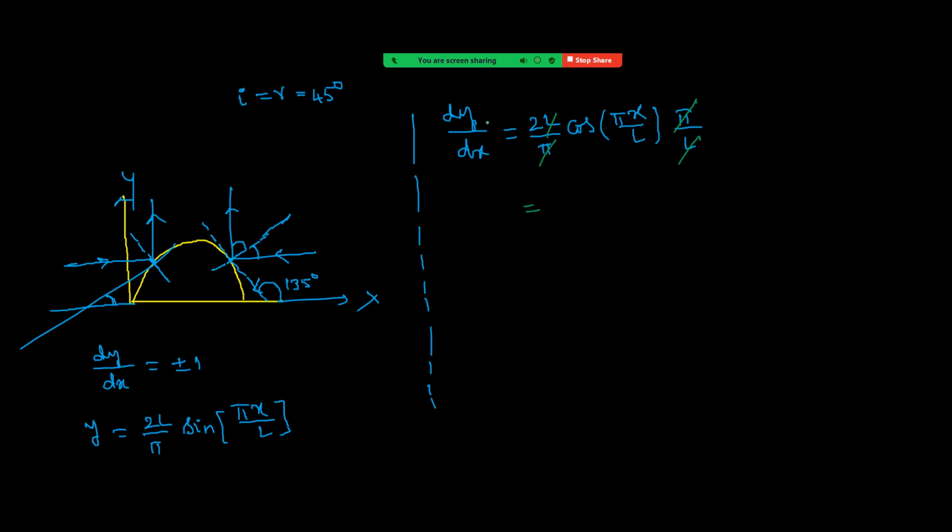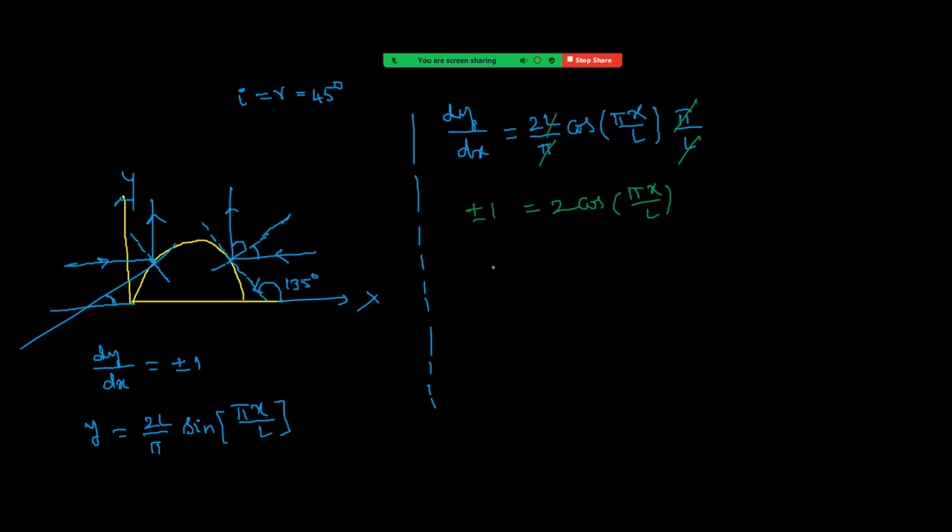Remaining is now, here slope is ±1. So it is 2 cos pi x by l. That means cos value is plus or minus 1 by 2. Plus or minus 1 by 2 means this angle must be equal to either 60 or 120, right?